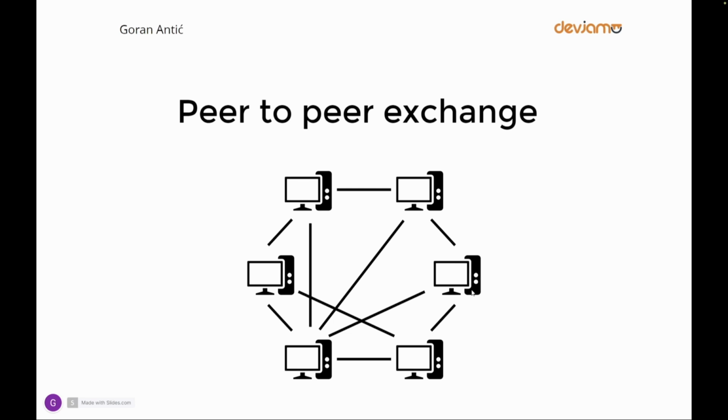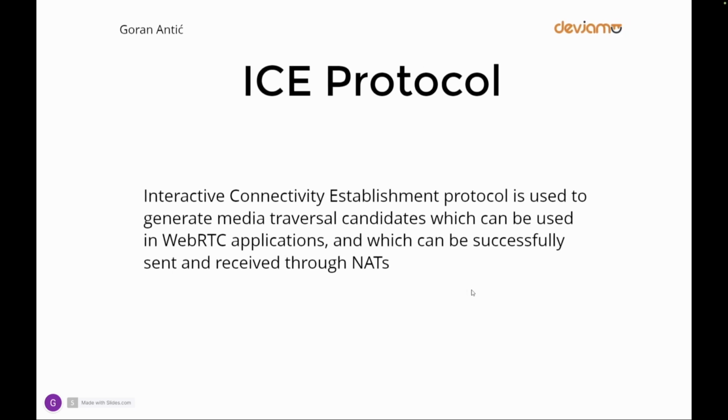Now it's a bit more complicated when you look at how peer-to-peer exchange actually works. To enable peer-to-peer, there's something called the ICE protocol. ICE protocol helps you navigate through all the barriers between two users, and those barriers are usually your NAT and your firewall.